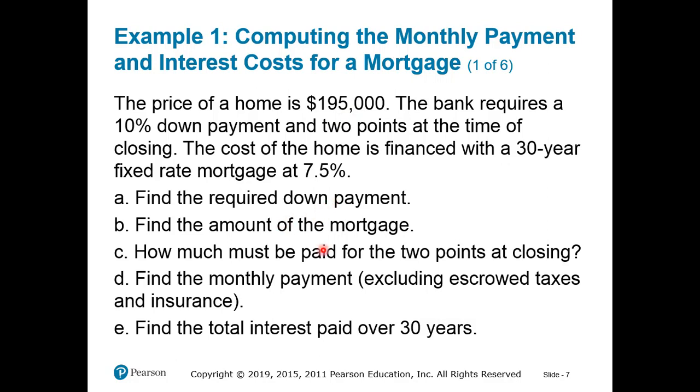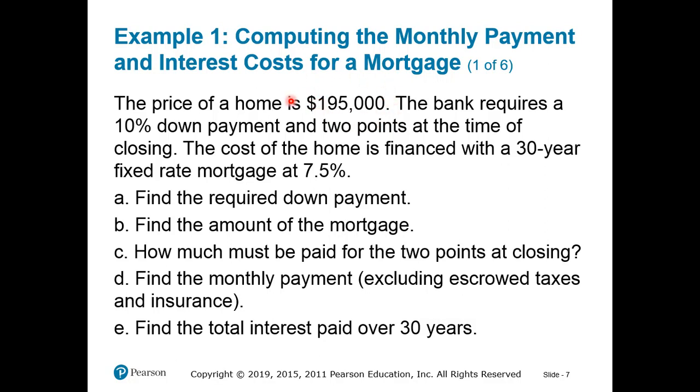And then how much must be paid for the 2 points at closing? Well, 195,000 minus 19,500 is $175,500.